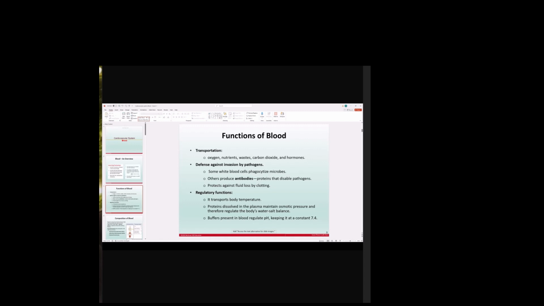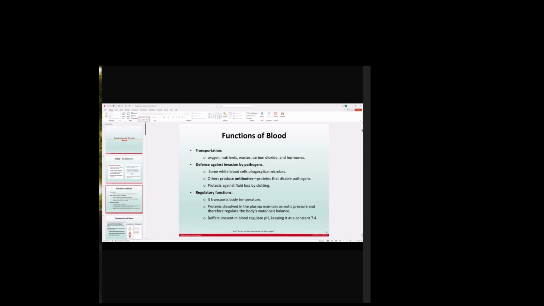And then I said we have plasma proteins that help to maintain osmotic pressure. You know, how we control how stuff diffuses into or out of the blood vessel. And then we have buffers present in the blood.